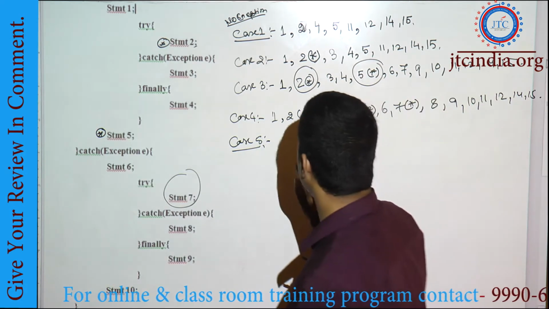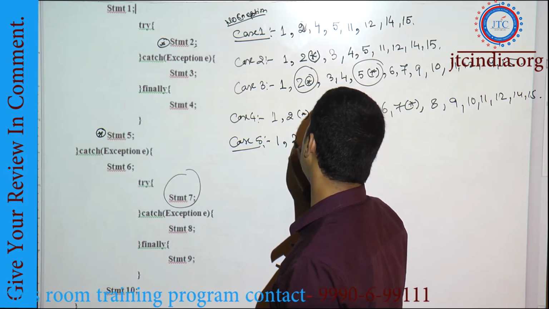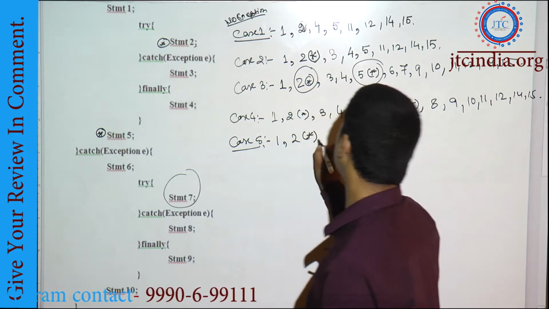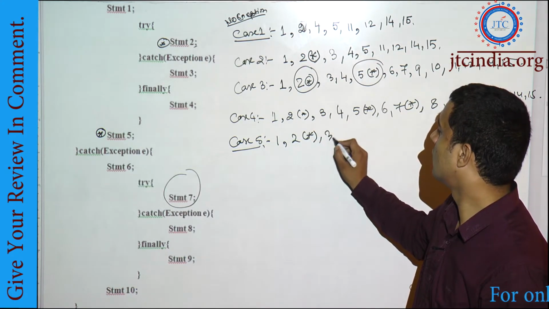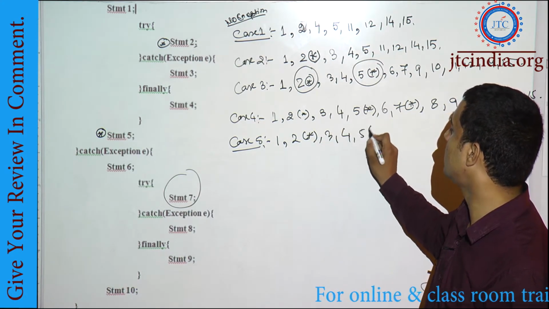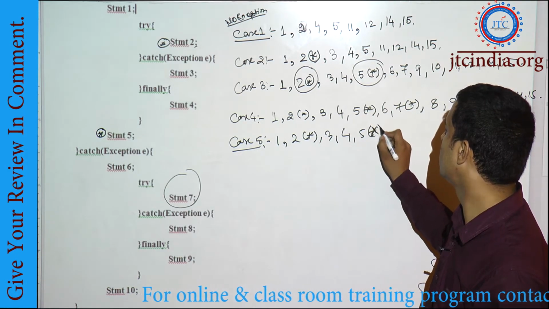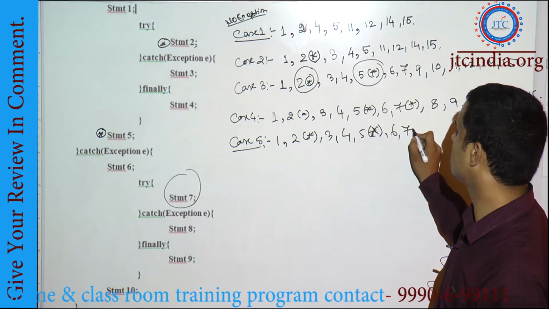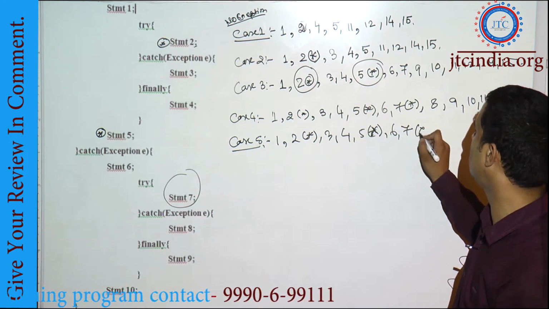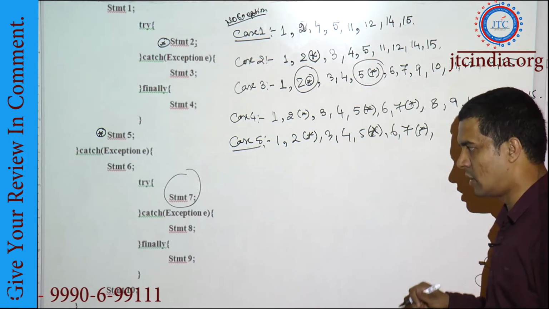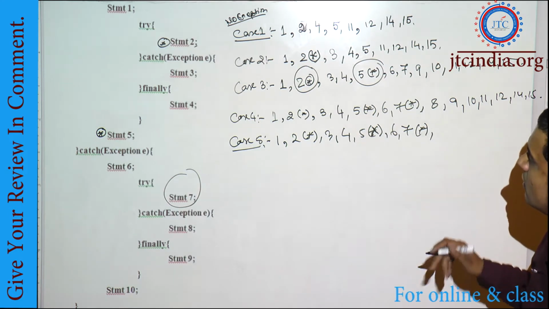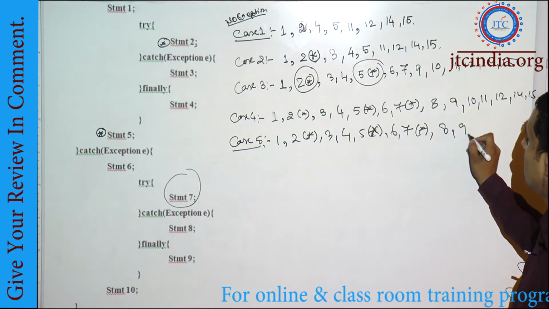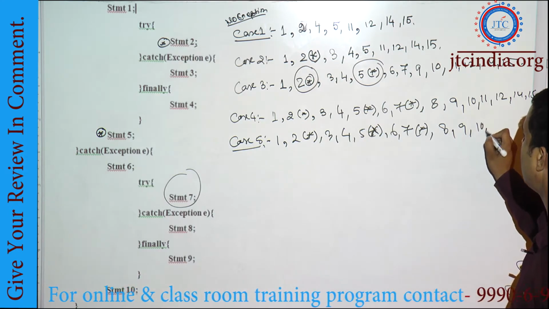Now, in case 5, an exception occurred at statement 2, and at statement 5 also an exception occurred, 6, 7 also an exception occurred. After the 7, now 8, 9 and 10.